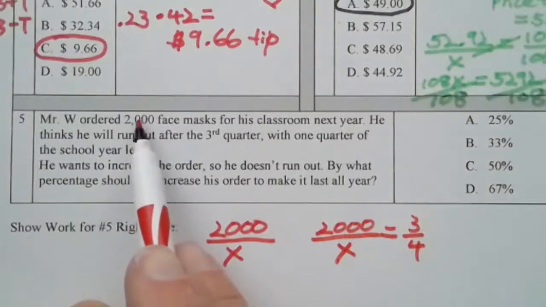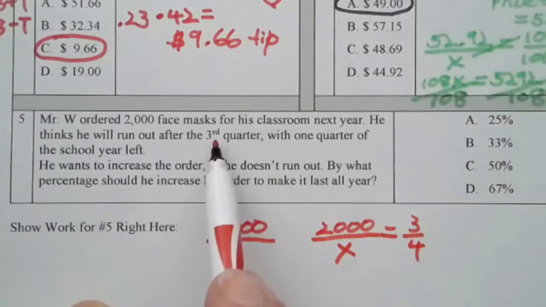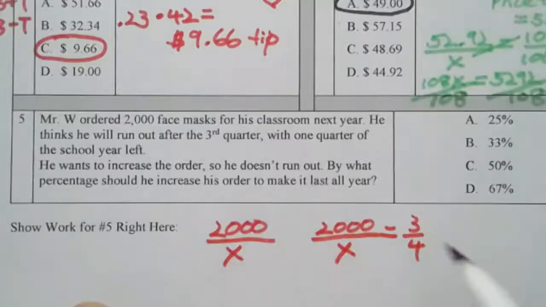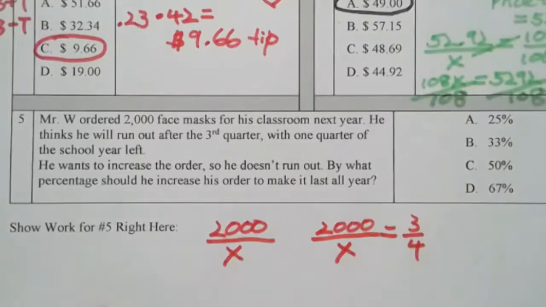So I've got 2,000, gets me through 3/4 of the year, 3 out of 4. If I cross multiply and solve, that's going to tell me, by what percentage should he increase his order?